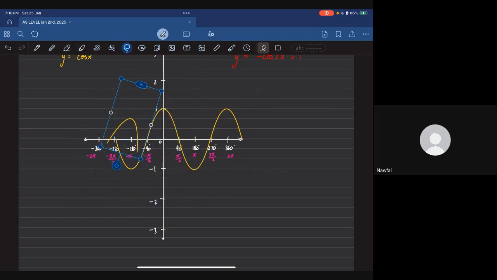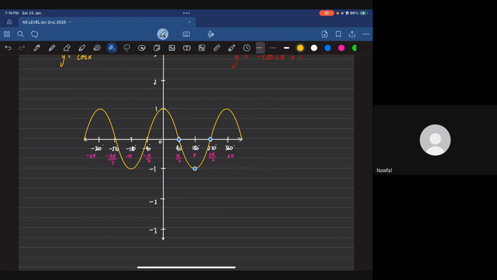Now this would have been your original y is equal to cos x graph, more or less. It does not go above 1.